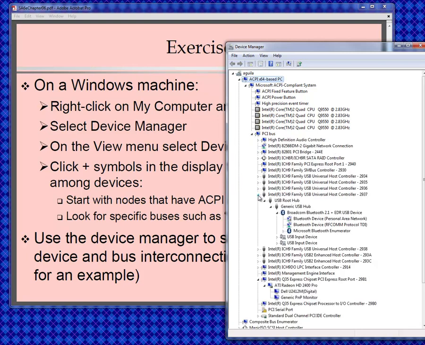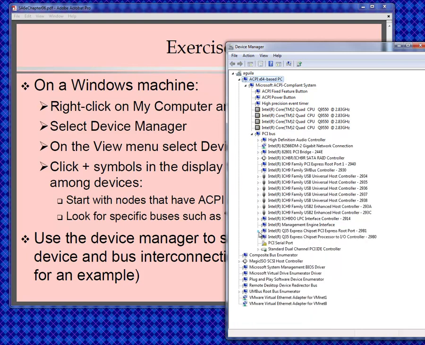If I expand it, there's a whole bunch of things attached to this PCI bus, roughly 2 dozen or so. I've got an audio controller, the gigabit Ethernet connection, a bridge, quote unquote. Here's my SATA controller. That's my interface to secondary storage. I've got a whole bunch of USB attachment points, and a couple of other things that we don't need to get into.